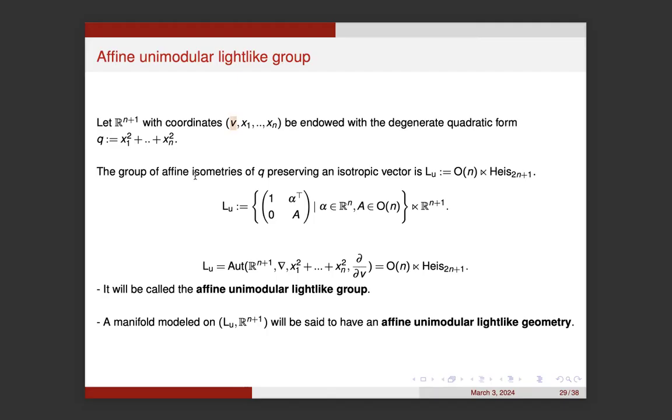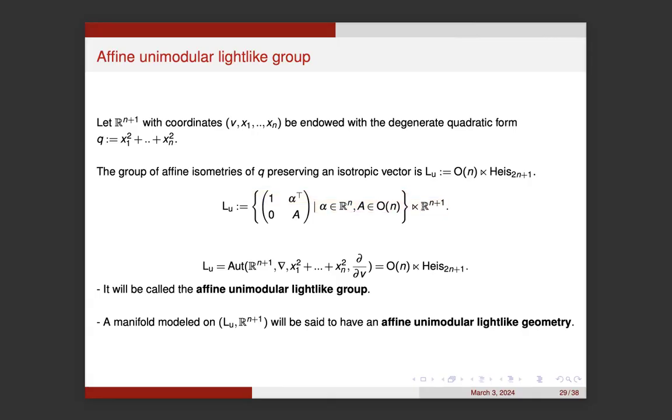The group of affine isometries which preserves this isotropic vector v and which preserves this quadratic form q is exactly this group, which I denote by Lu, and which is given by this.